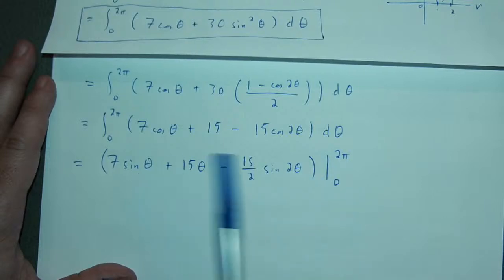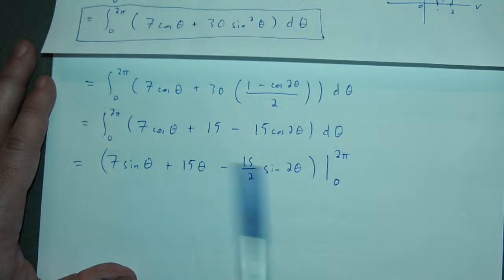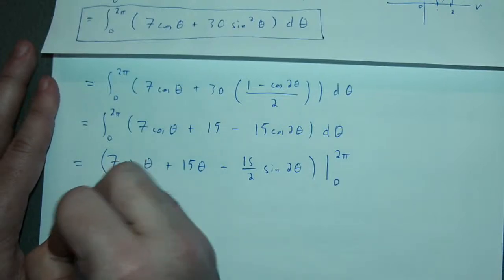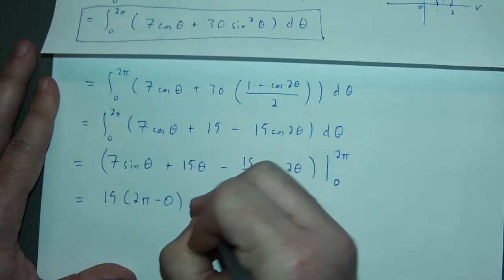So I plug in 2 pi into both of these, I get 0. Plug in 0 to both of these, I get 0. So those terms go away, and the only term that contributes to this evaluation is the middle term, 15 theta. And so this is just 15 times 2 pi minus 0, so 30 pi.